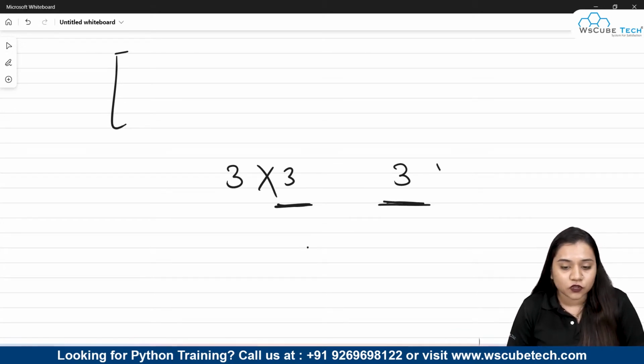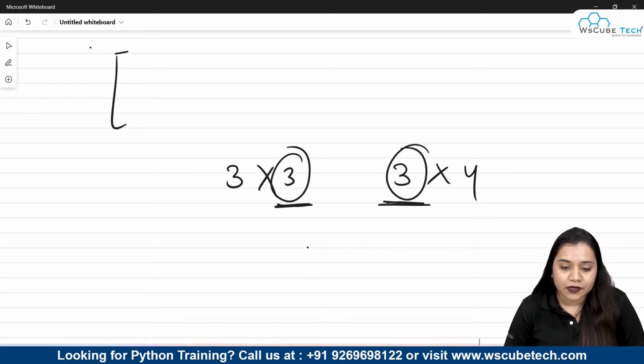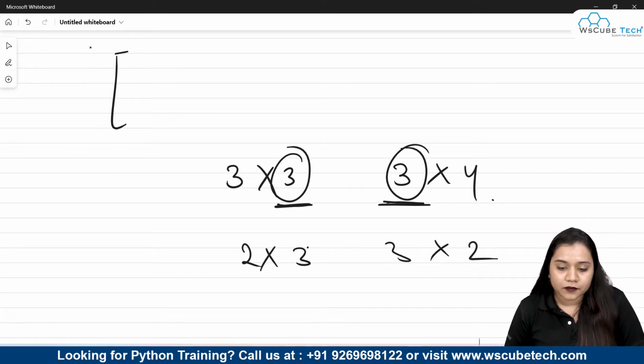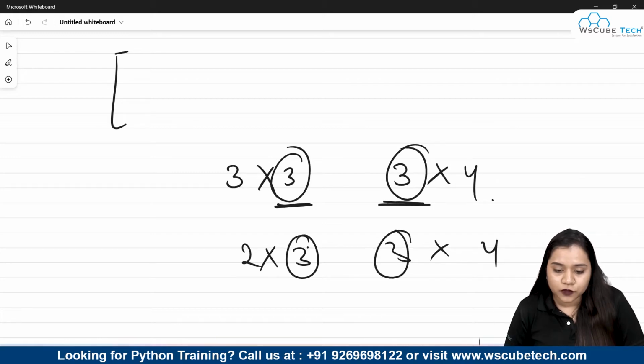The number of columns could be any number, like 4, 5 or 6, but the rows should match the number of columns in matrix number 1. So we can take 3 times 3 and 3 times 4, or 2 times 3 and 3 times 2, or any value. But these two values should be the same. This is how matrix multiplication would happen.